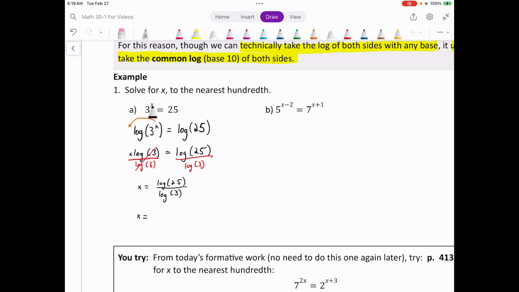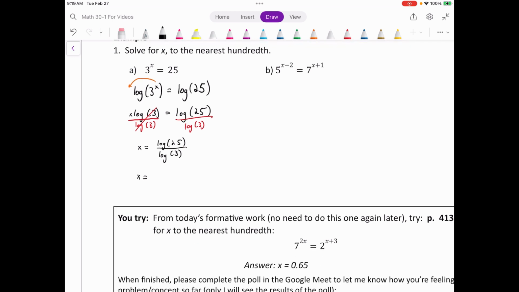So it makes sense that x is a number between 2 and 3, and pretty close to 3, because this is slightly smaller than 3 cubed, but not by much. So our x, well, the unrounded was 2.9299 or something like that. So our x to the nearest hundredth is 2.93.